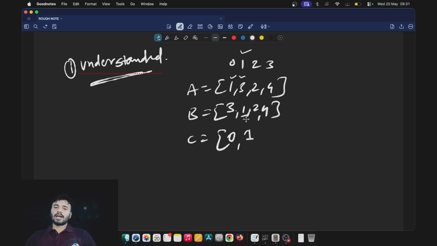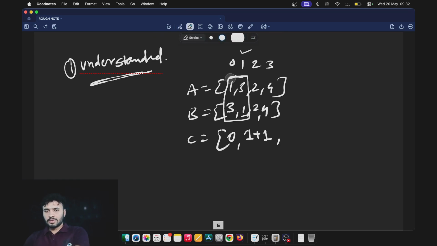We just need to check how many match in this window. That is what I'm saying. You can see there are 2 matches, so the answer will be 2. Now we expand the window.